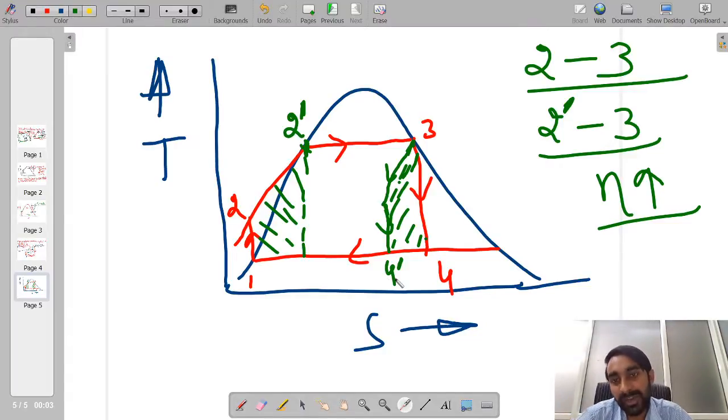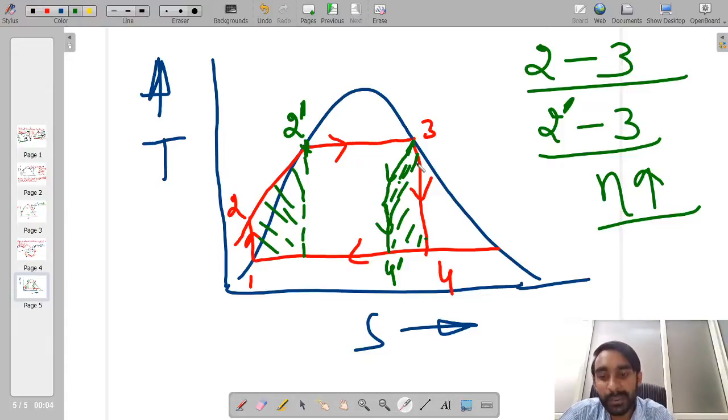Okay, so now actually this portion of the cycle is avoided. So if this portion of the cycle is avoided, whatever loss of work we have got over here can be compensated over here in terms of the addition in this cycle.